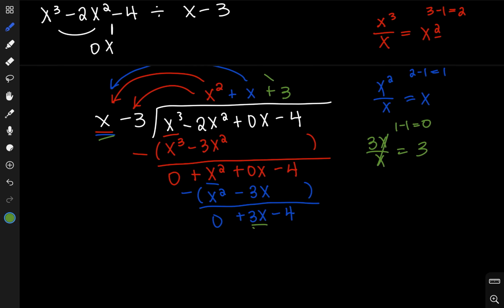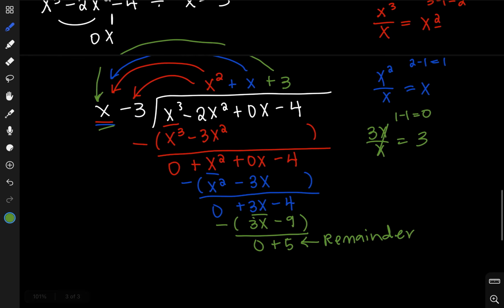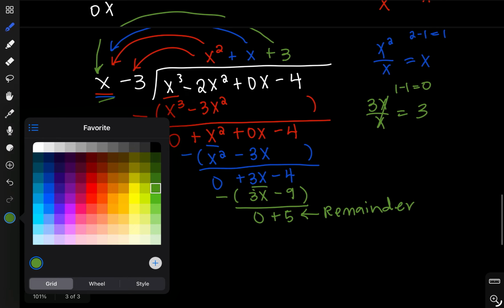Okay, now we're going to multiply again on the terms. So 3 times x is going to be 3x. 3 times negative 3 is going to be negative 9. Subtract again. 3x minus 3x is 0. Negative 4 plus 9 is going to be 5. So that is our remainder. Okay, and now we're going to format this.